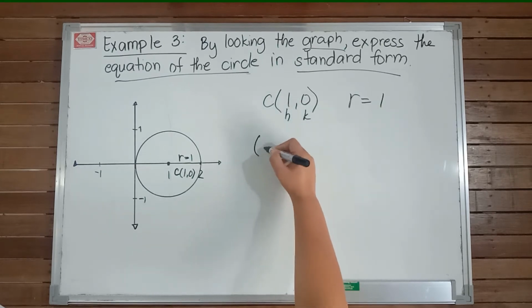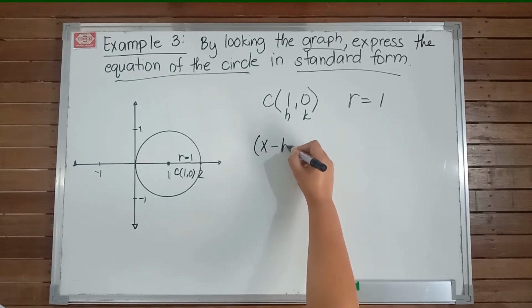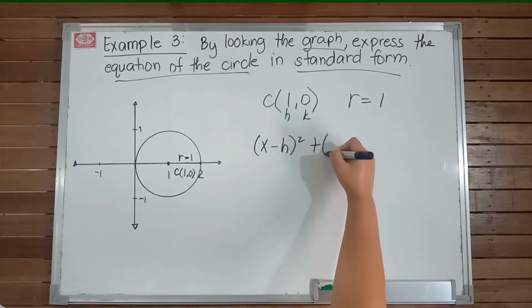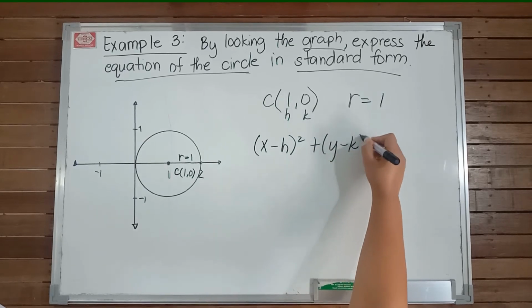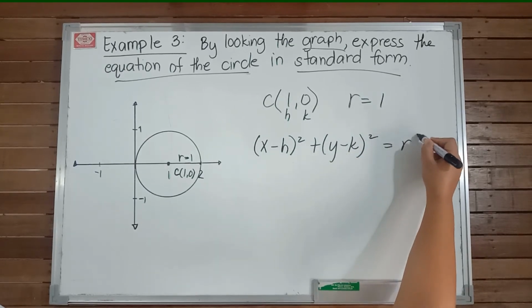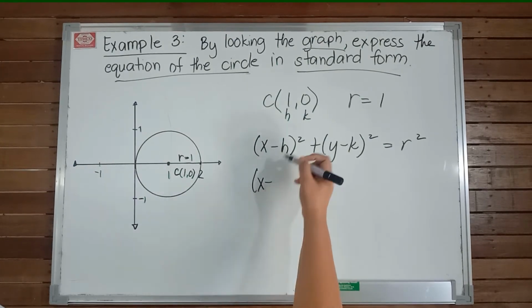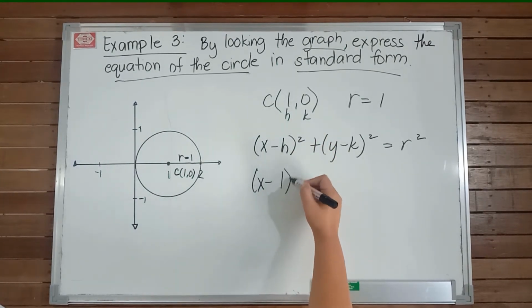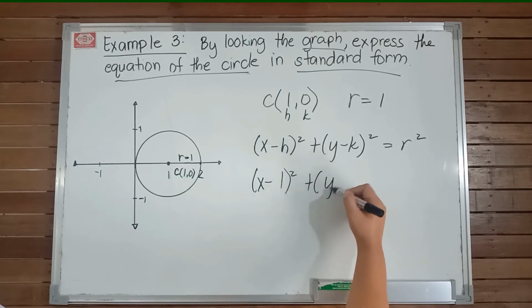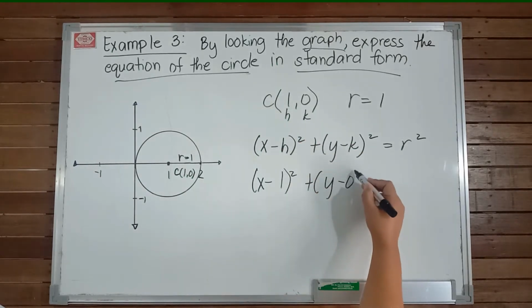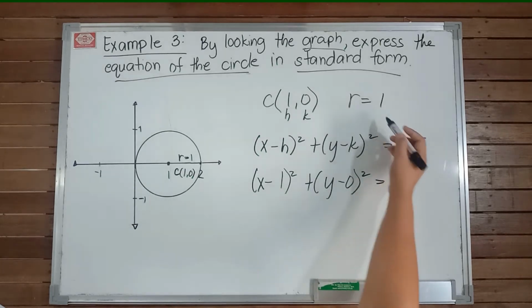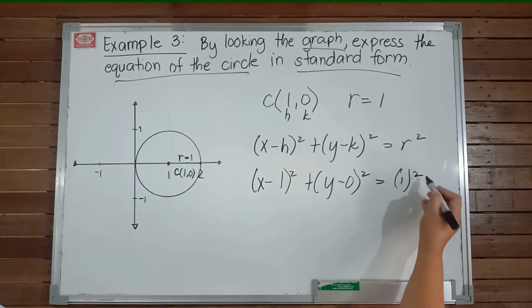1 is our h and 0 is our k. So, substituting the value in our standard equation, we have x minus 1 squared plus y minus 0 squared equals 1 squared.